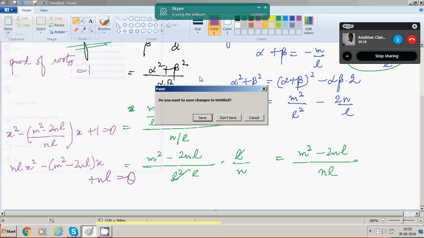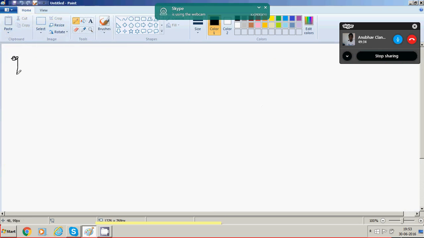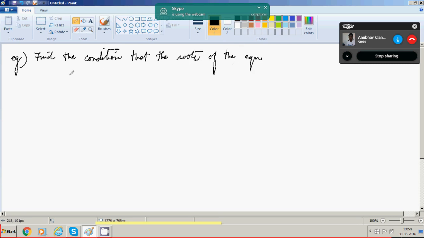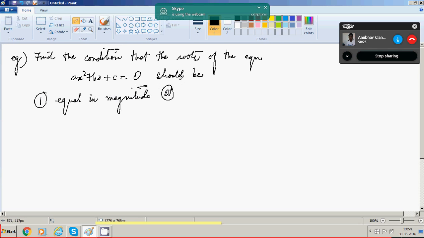Next, example: find the condition that the roots of the equation ax squared plus bx plus c equal to 0 should be, one, equal in magnitude and opposite in sign; two, reciprocals.